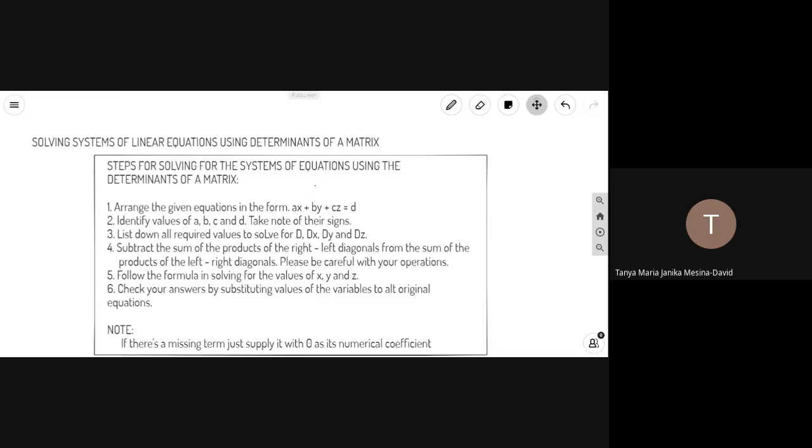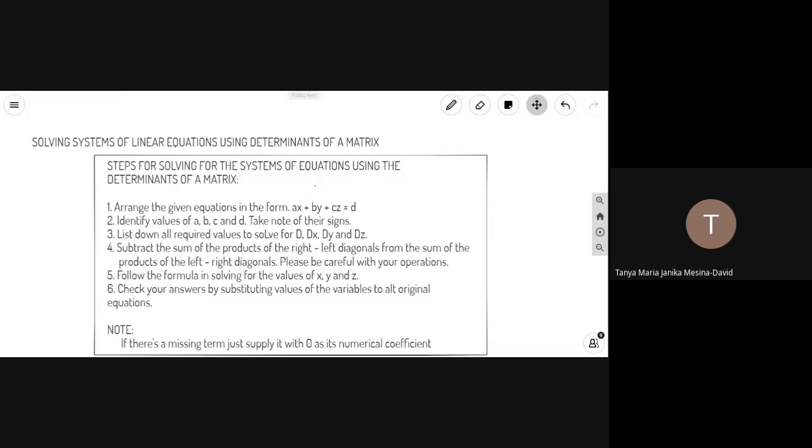So first, we have to arrange the given equations in the form of ax plus by plus cz equals d. If in case any linear equation is not arranged in this way, just simply rearrange the terms. No need to change the sign unless you have to transpose it to the right or to the left side of the equation.